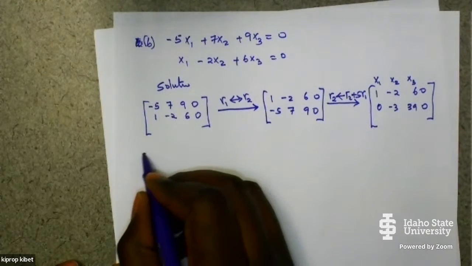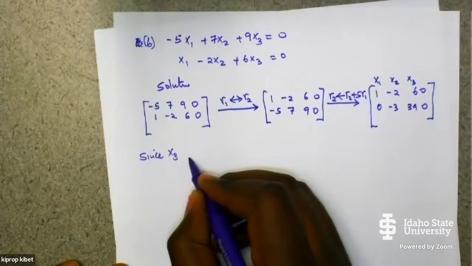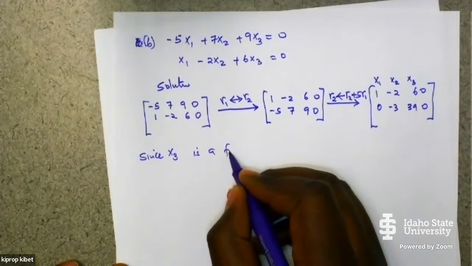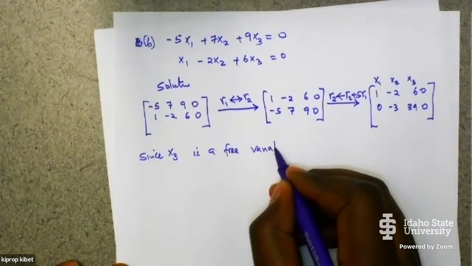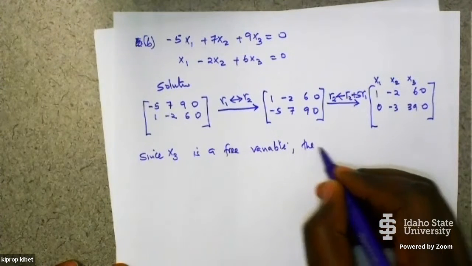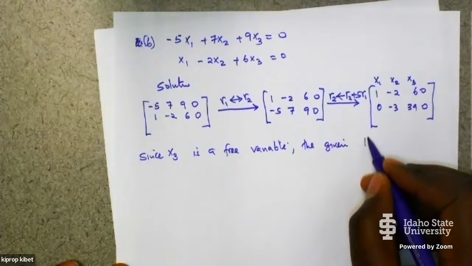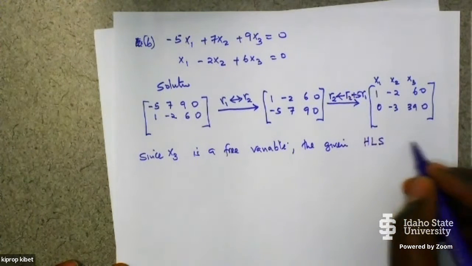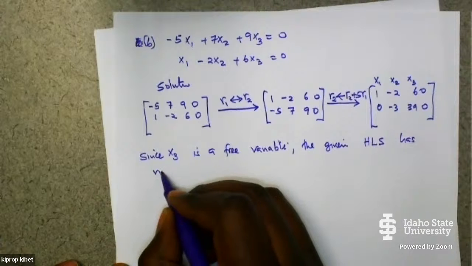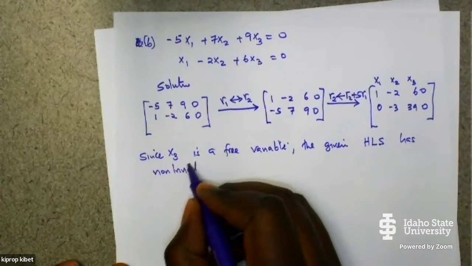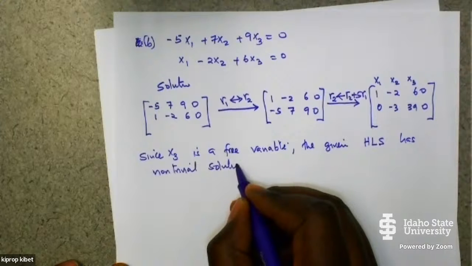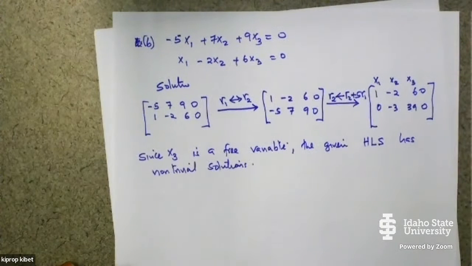Since x3 is a free variable, the given homogeneous linear system has non-trivial solutions. So it doesn't have only the trivial solution.